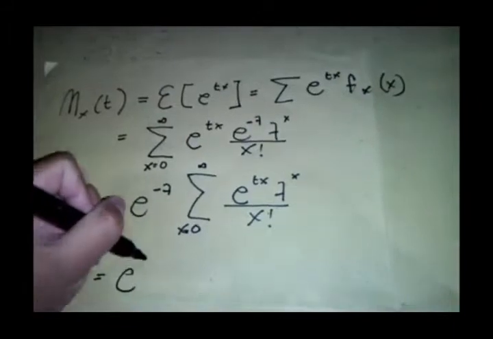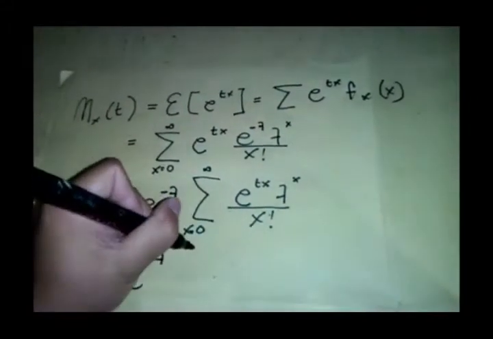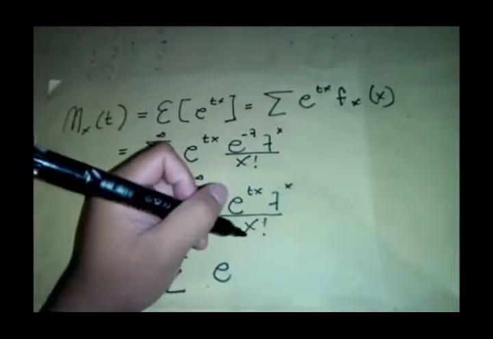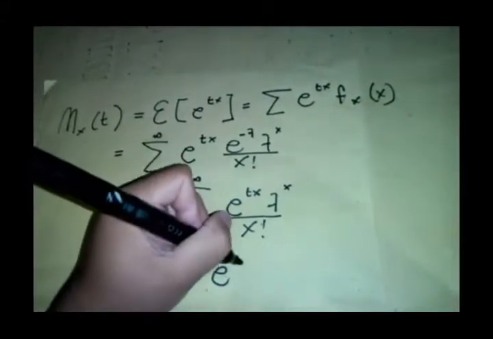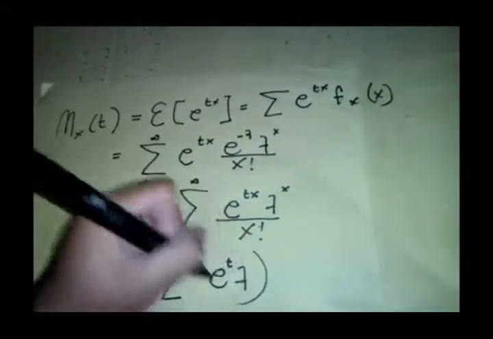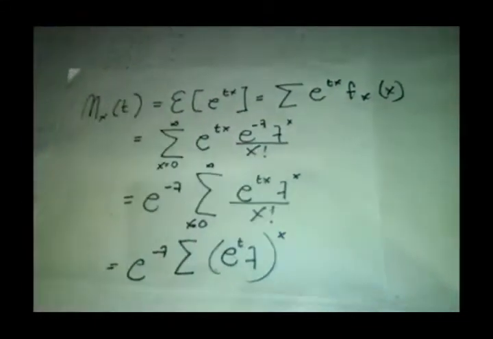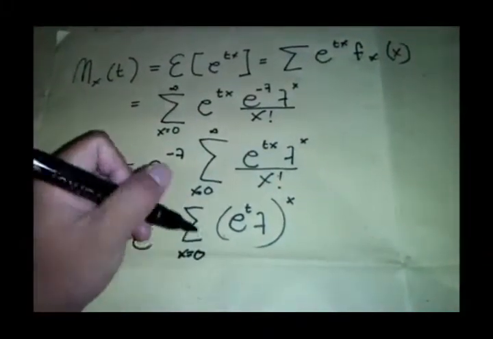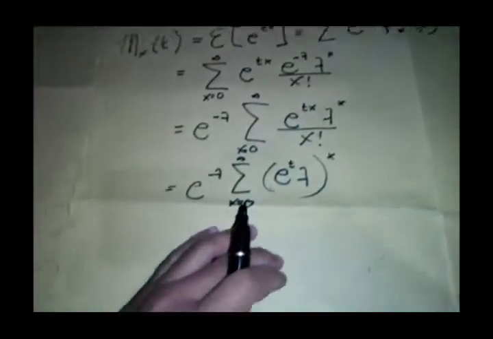So we have e to the negative lambda times the summation of e to the power of t times lambda, quantity to the power of x. Note our x starts from 0 to infinity.